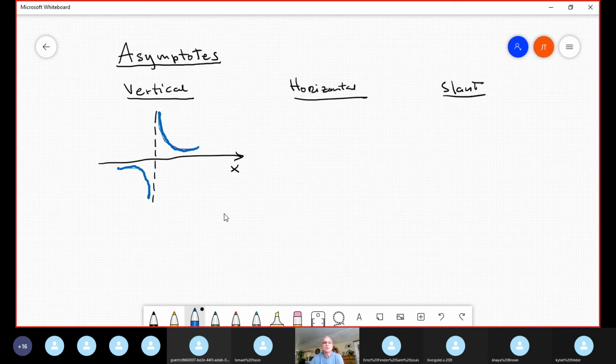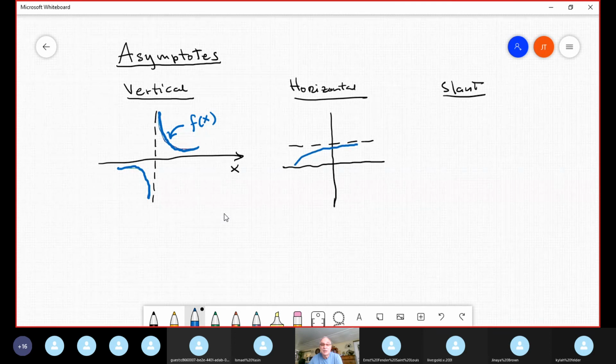Vertical. Horizontal, no. Horizontal is like that. Entonces, this is the f of x. Okay, we are studying. The function also approaches and sometimes touches, but seldom touches.